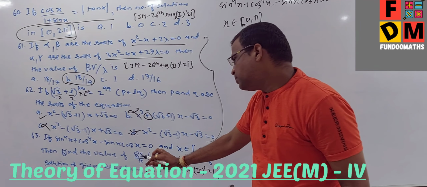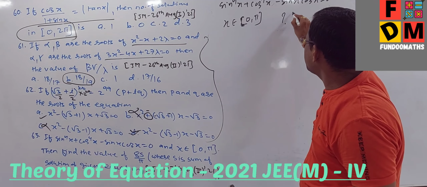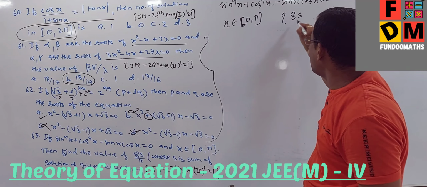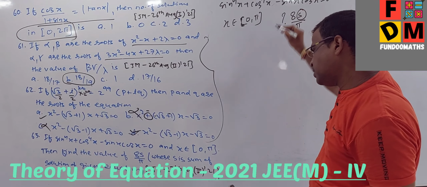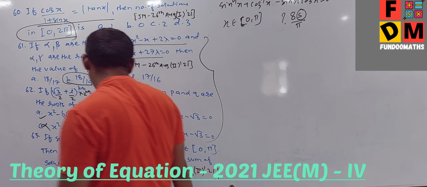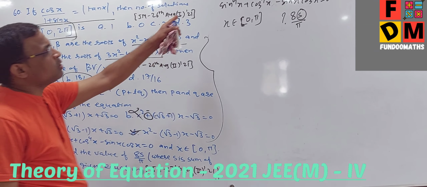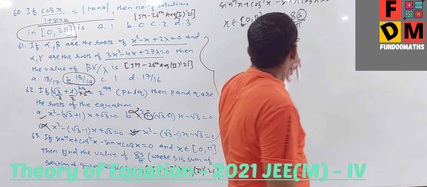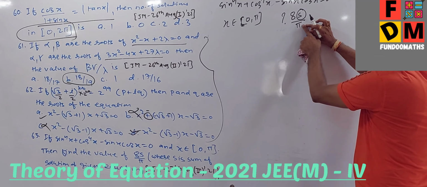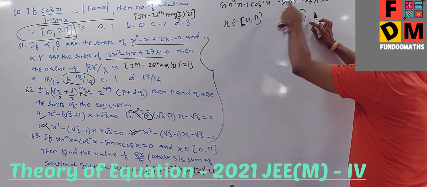Fine. Then find the value of 8s upon pi, where s is given to be sum of solution of given equation. So whatever the solution we are getting, we have to find this value, and s is something which we can pull out from here.